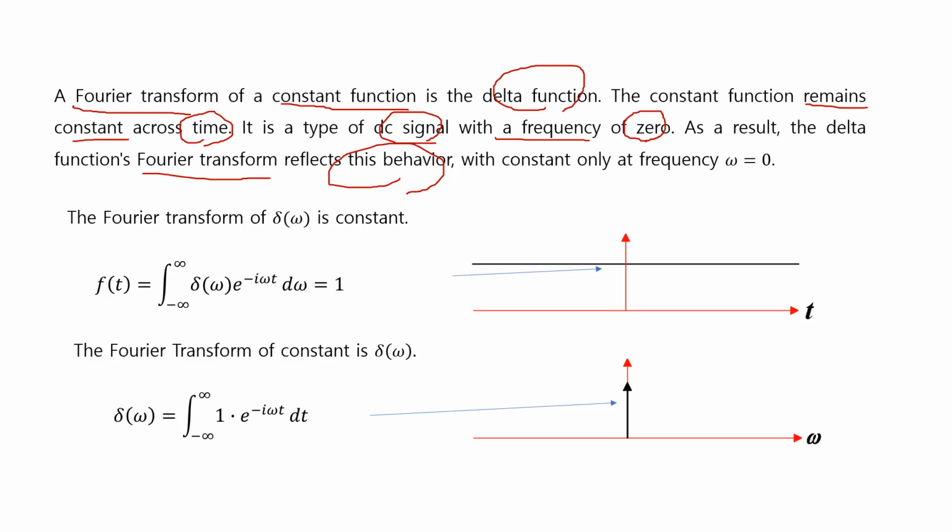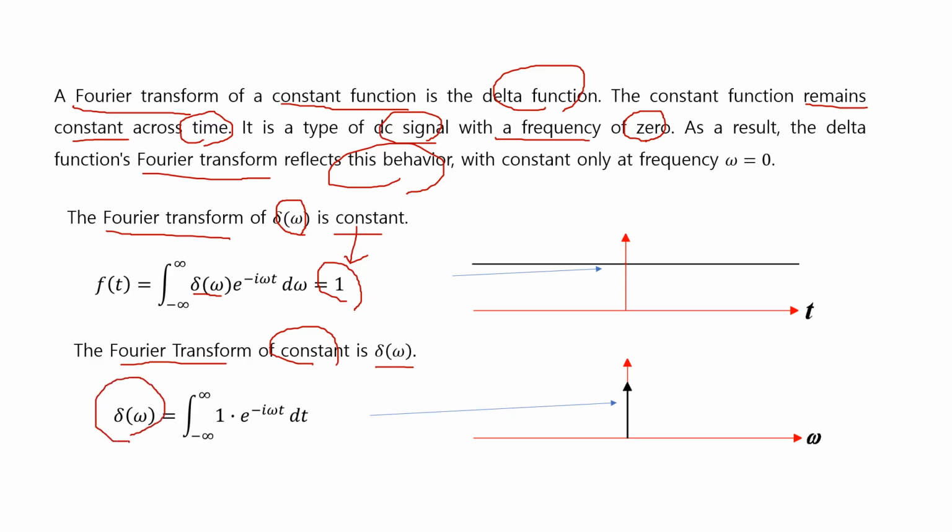So if we take the transform of delta omega, then we have 1, and it's constant, right? And the Fourier transform of a constant function becomes the delta function.